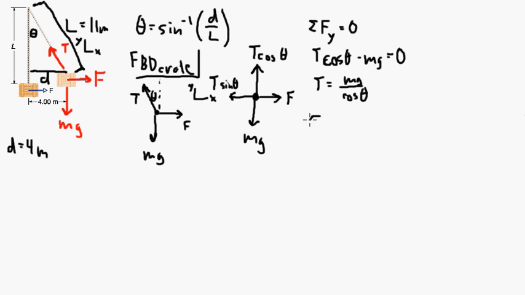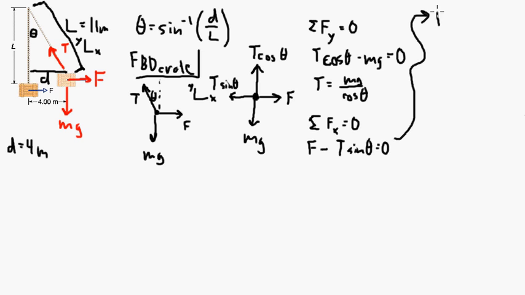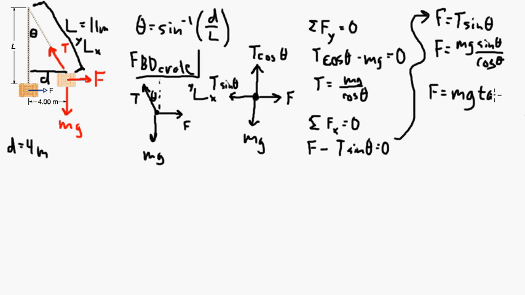Then the sum of forces in the x direction equals 0, which means F minus T sine theta equals 0, so F equals T sine theta, and with T equal to mg over cosine theta, F equals mg sine theta over cosine theta, or more simply, F equals mg tangent of theta.